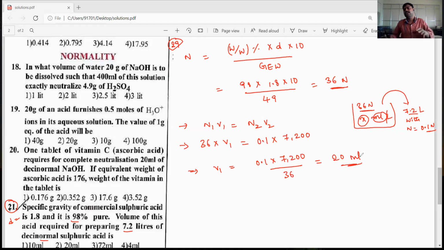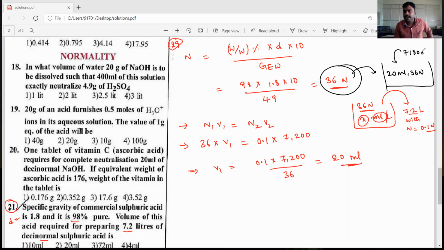Okay, just 20 ml from this solution. We have a 36 normal solution, dear students, so you just have to take 20 ml of 36 normal solution, and finally they are adding 7180 ml of water.